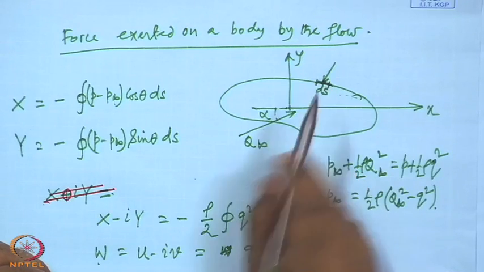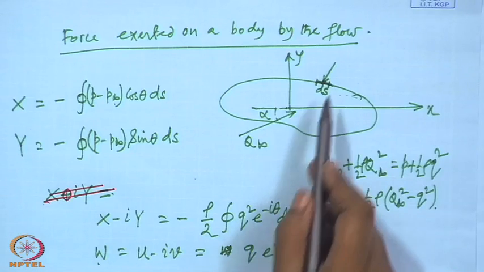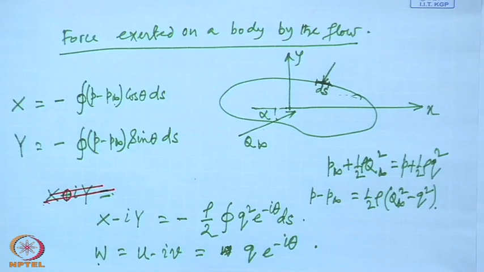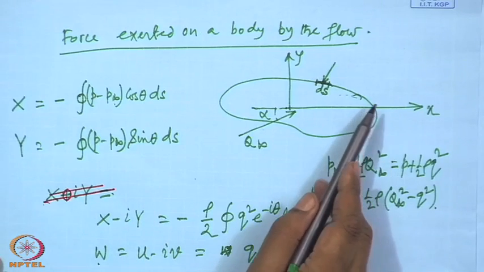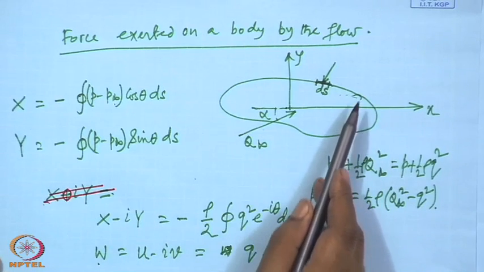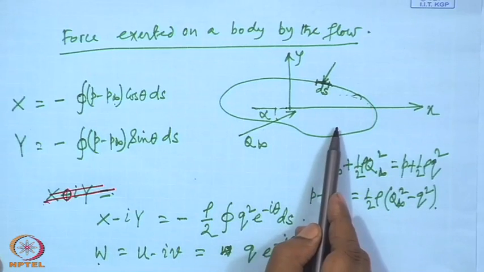See this, your dx and dy will have different sign. When you consider this length element ds, your dx and dy have different sign. Whatever your order is, the direction of cyclic integration, say conventionally theta changing from here to here.